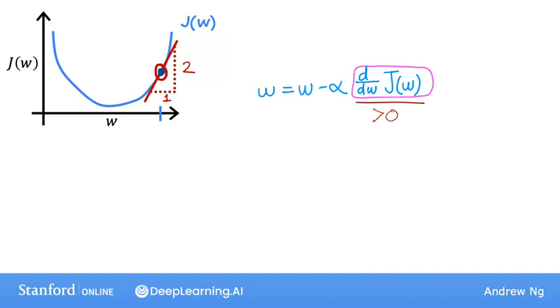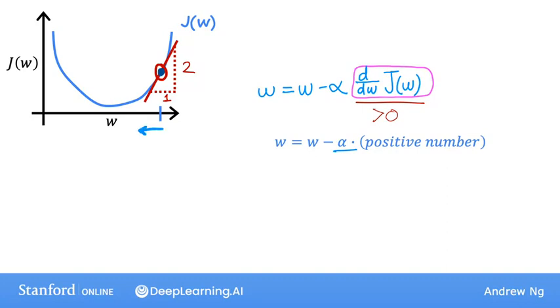And so the updated w is going to be w minus the learning rate times some positive number. The learning rate is always a positive number. So if you take w minus a positive number, you end up with a new value for w that is smaller. On the graph, we are moving to the left.